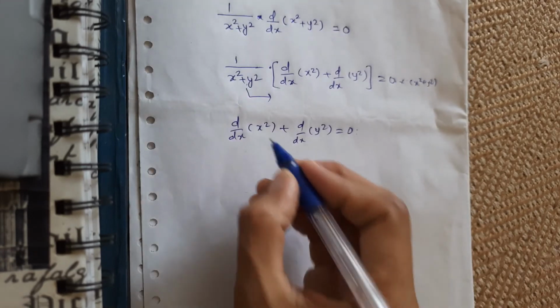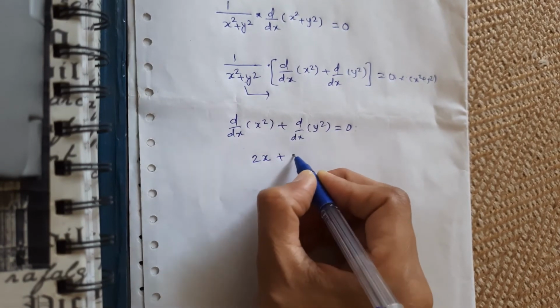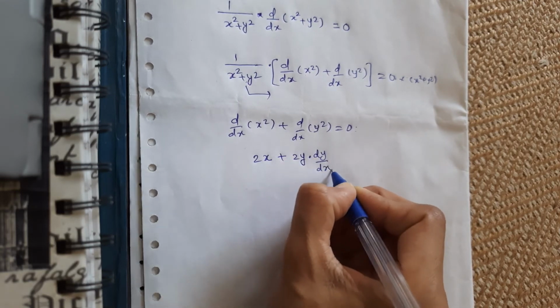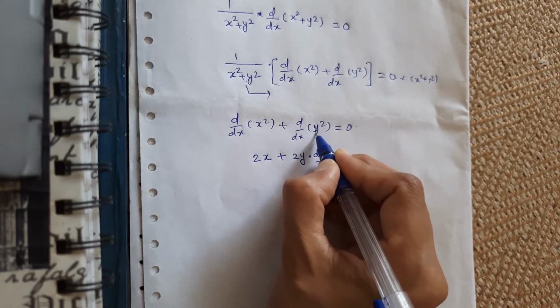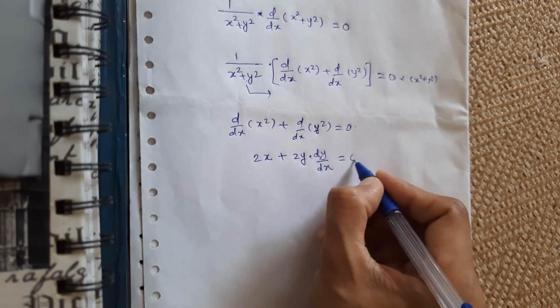So derivative of x square is 2x plus derivative of y square is 2y into dy by dx. Every time whenever you take derivative of y, we need to multiply it with dy by dx, equal to 0.